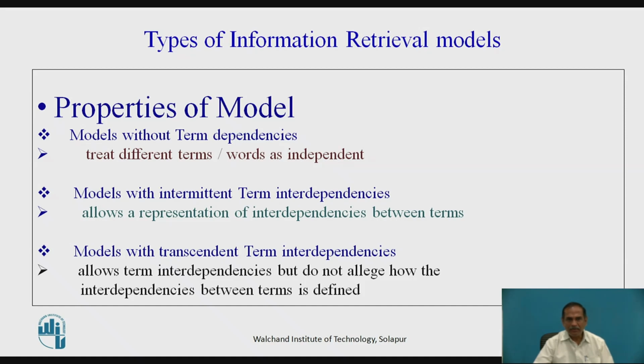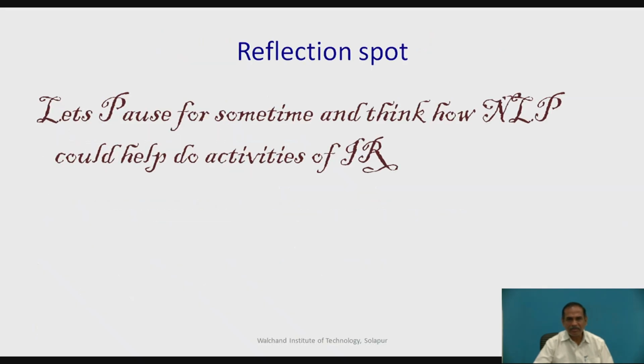Then we have models with transient term interdependencies, which allows the term interdependencies but does not specify how the interdependencies between the terms are actually defined. Now let's pause for some time and think how this NLP could achieve all the activities that are specified for information retrieval.